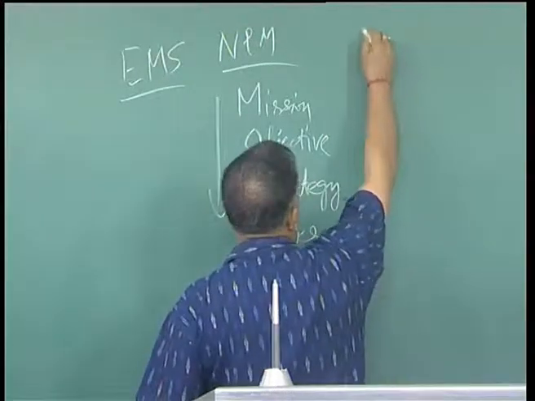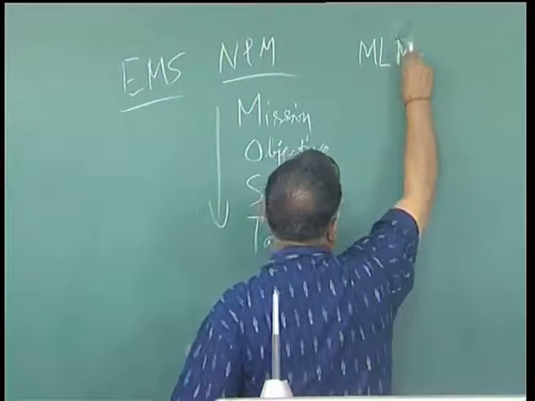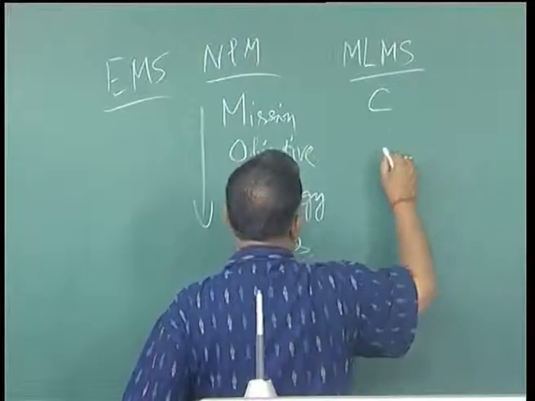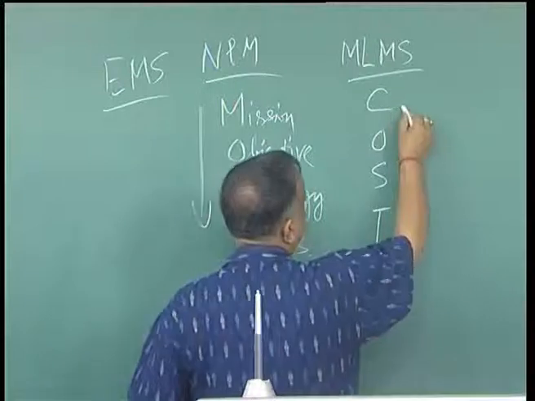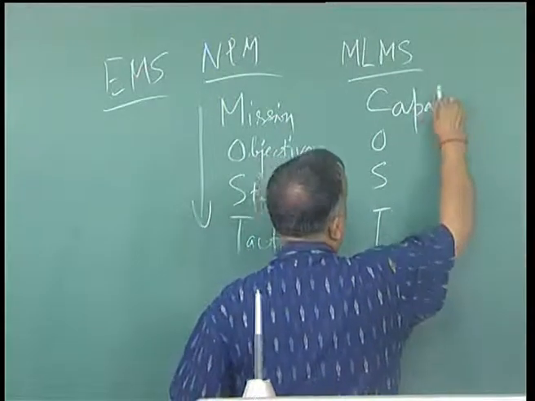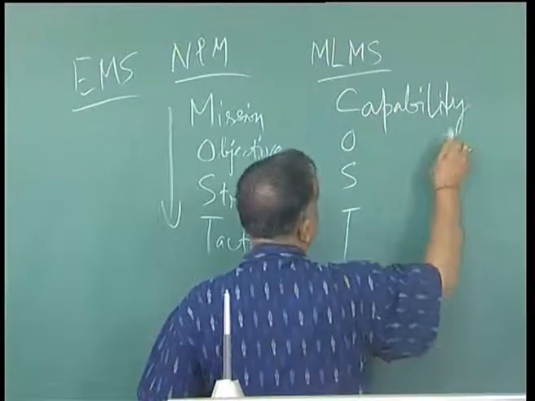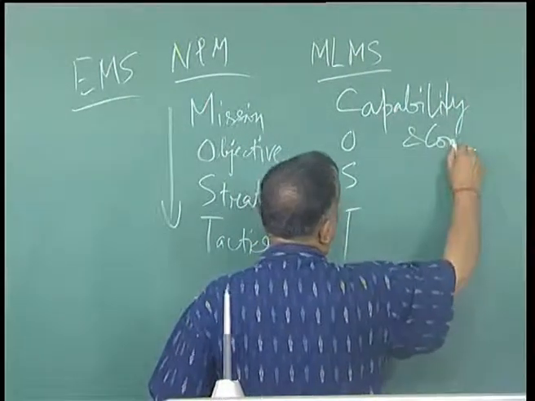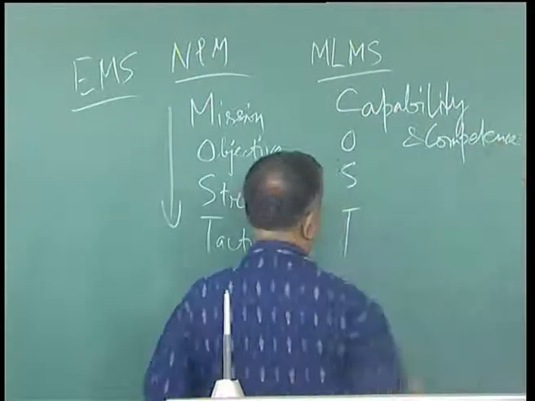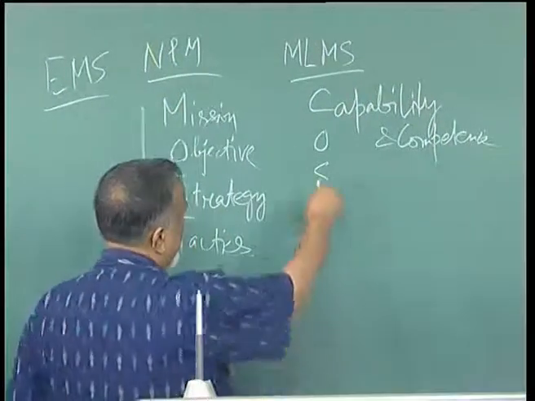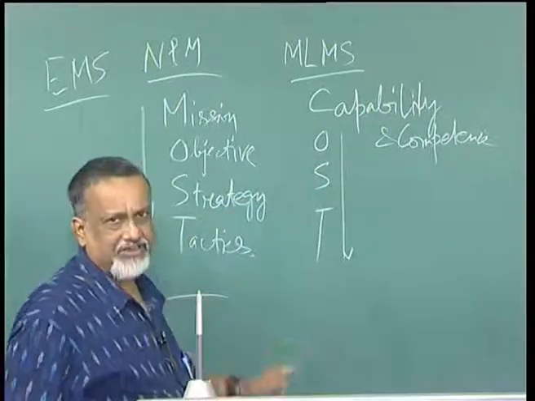So, this is actually for a market leader's marketing strategy will often be based on what we call a COST framework, which means here we look at capabilities and competence first. And then of course, the other three things, objective, strategy, tactics, remain the same.